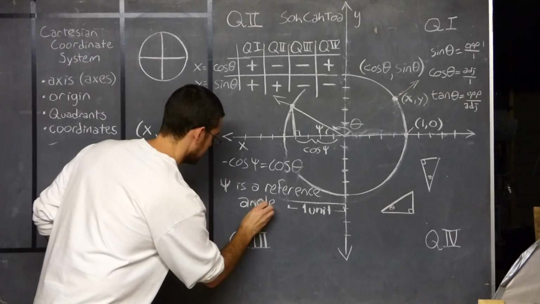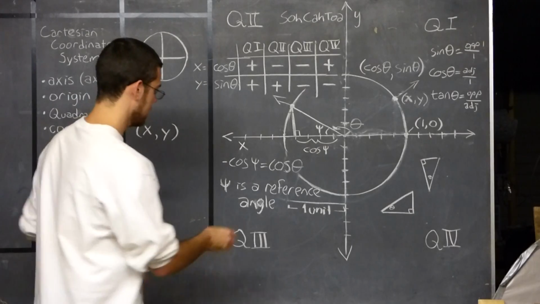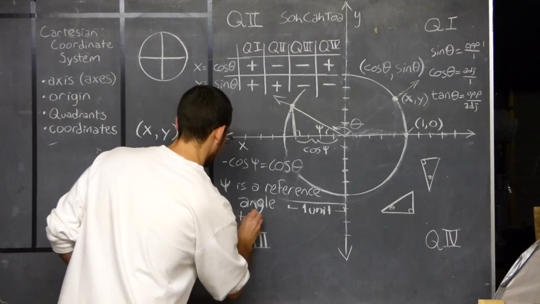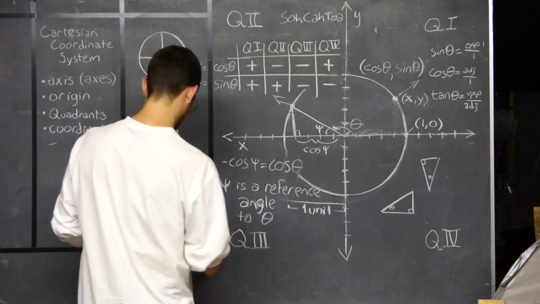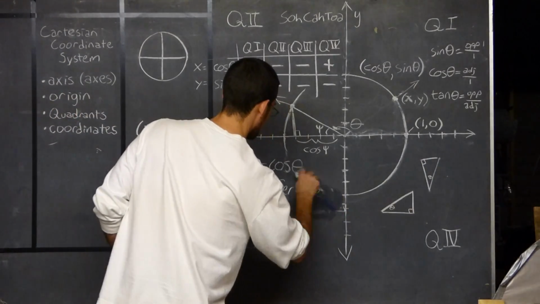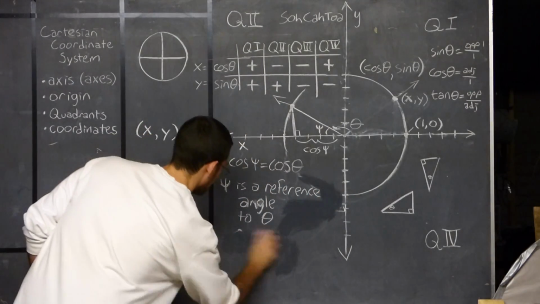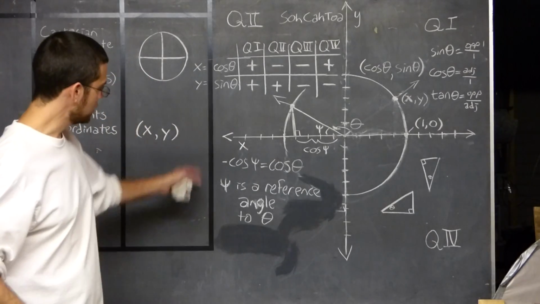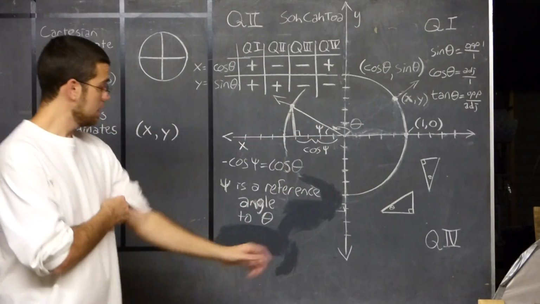Okay, reference angle. Psi is a reference angle to theta. All right. Now, there's quadrant 3, we'll get rid of that. So, psi is a reference angle to angle theta.